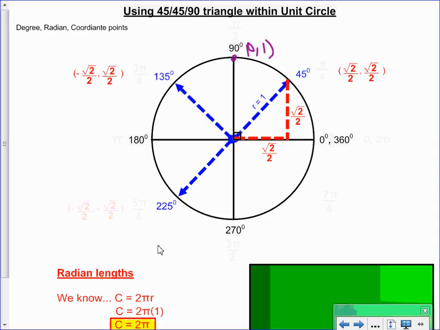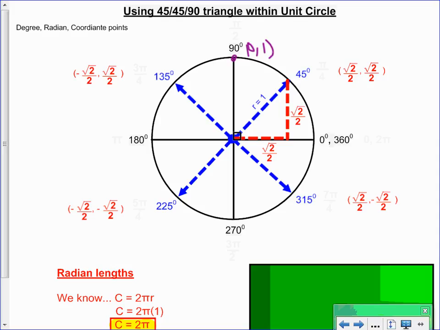They're both negative over there. Then 270, then we go to 315. Which one's negative there? The second one.